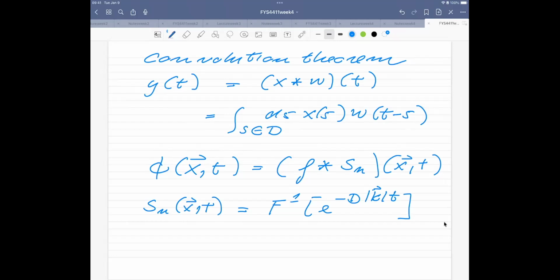Instead of writing the inverse Fourier transform, I just define that in terms of a function S of n. So if you then look at the expression which we set up earlier, this is the same as when we now plug in what we obtained previously.